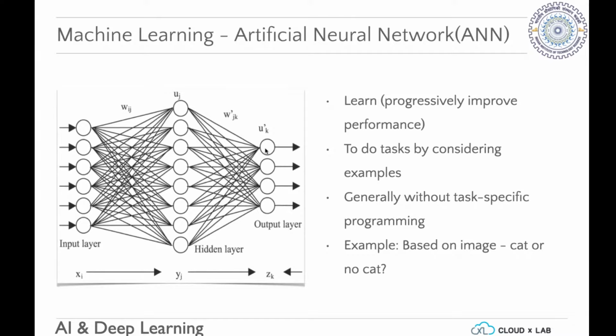And how are they combined? They are combined using weights. What we are finding is weighted means of the previous layer. So uj would be a weighted mean of all the inputs, and there would be different weights for each of these input layer neurons. Okay.